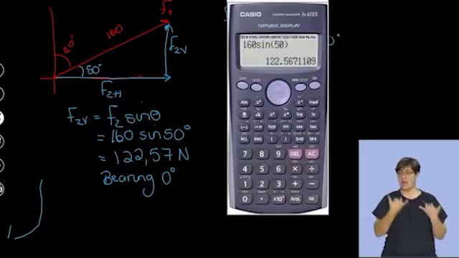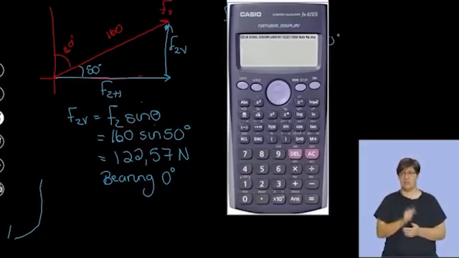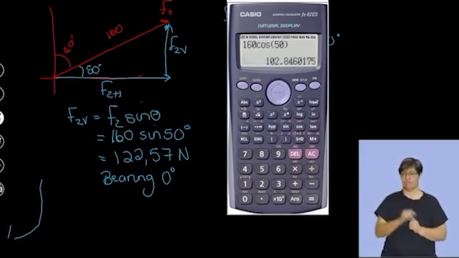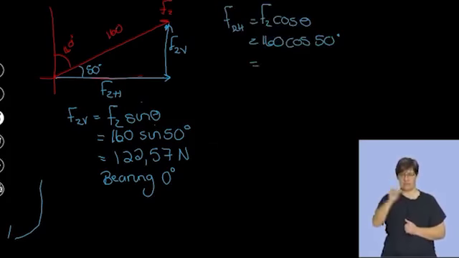Okay, so now we're going to get rid of that. So we have 160 cos 50, close the bracket, 102,85. Now I'm going to try remember that. 102,85. There we go.